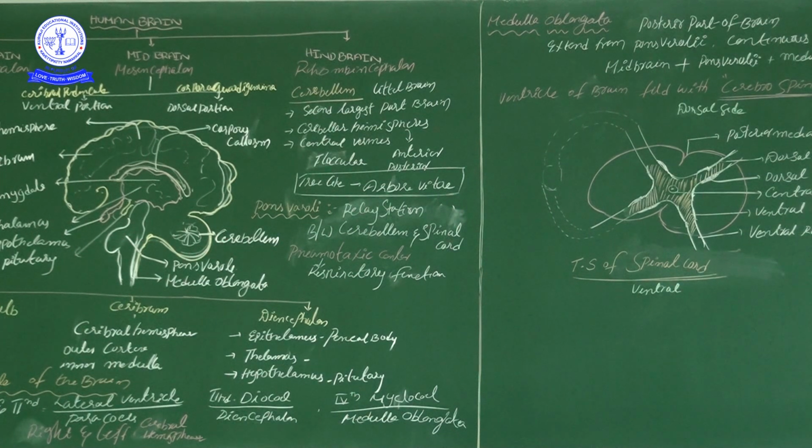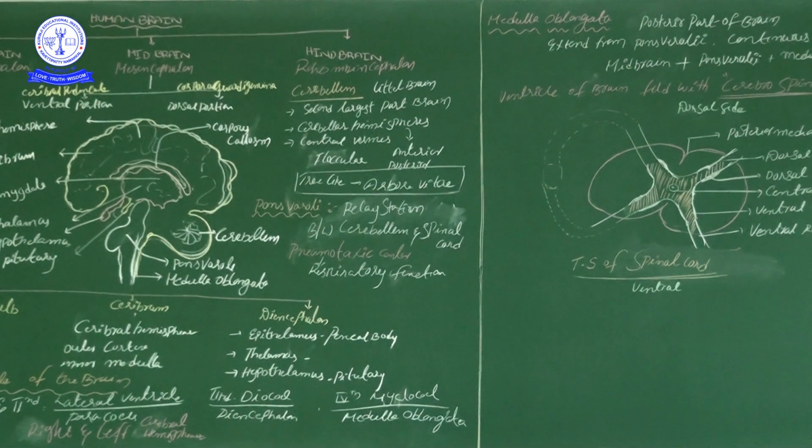Inside the cerebellum there is a grey tree-like structure, the arbor vitae, that part you have to remember. Later the second part of the hindbrain, pons varolii, and the last part, the medulla oblongata. The medulla oblongata comes through the foramen magnum and leads into the spinal cord. This is the diagrammatic explanation.